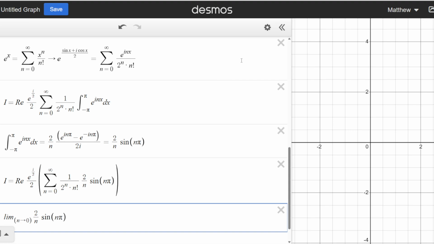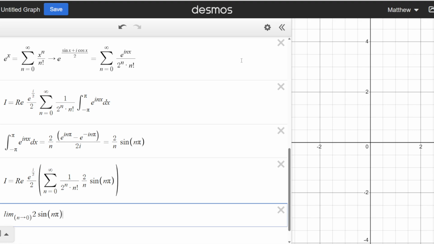My apologies, I said 1/2 at first. So we can ignore that part. Now let's figure out what the limit of sine pi n over n is, and then multiply that limit by 2.